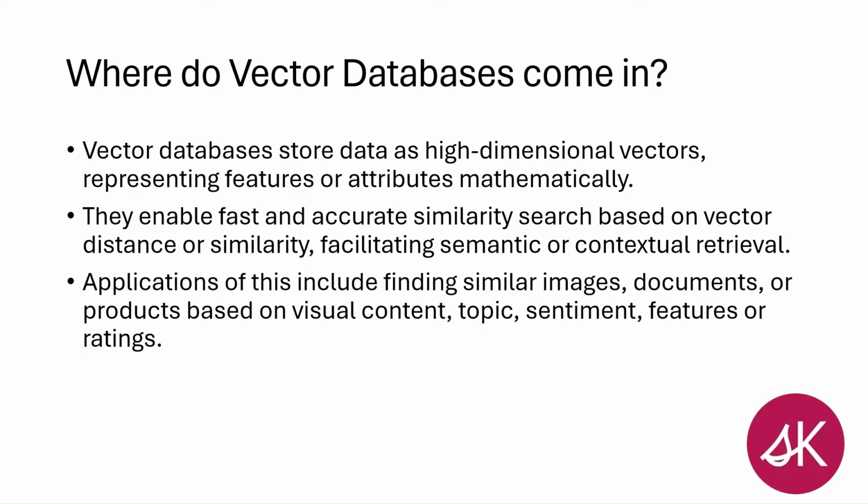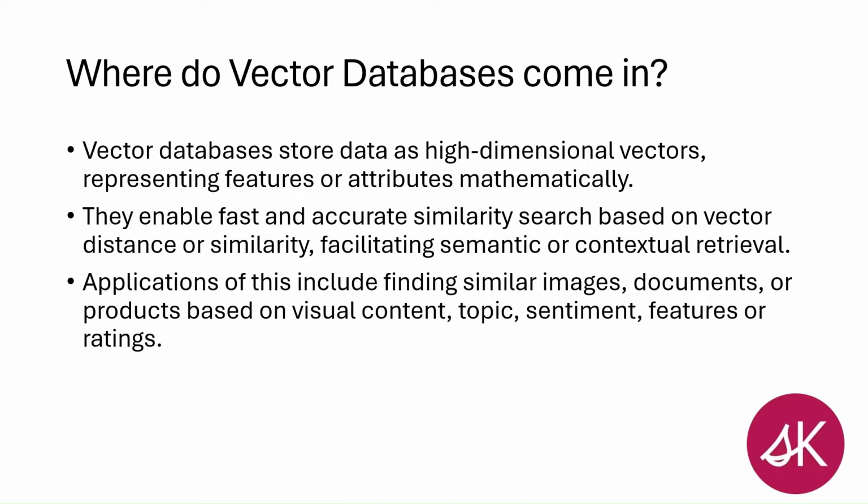The main advantage of a vector database is that it allows for fast and accurate similarity search and retrieval of data based on their vector distance or similarity. This means that instead of using traditional methods of querying databases based on exact matches or predefined criteria, we can use vector databases instead to find the most similar or relevant piece of data based on their semantic or contextual meaning.